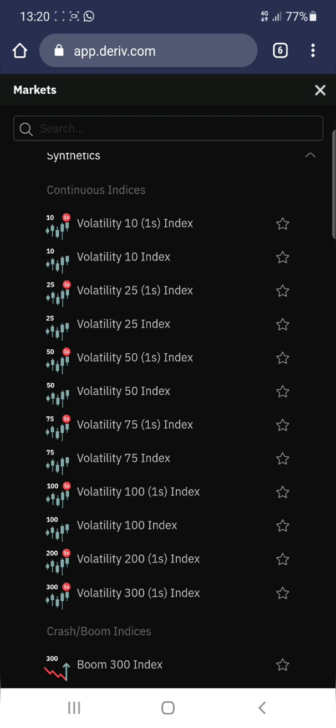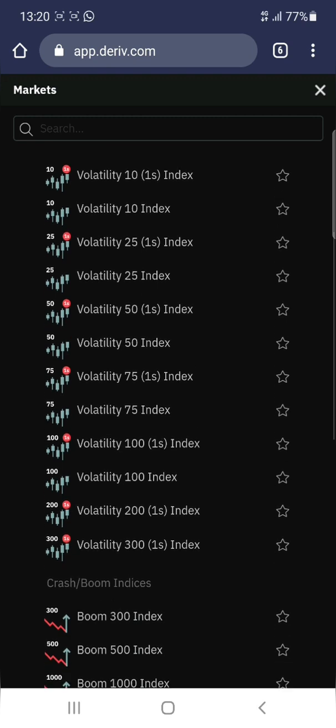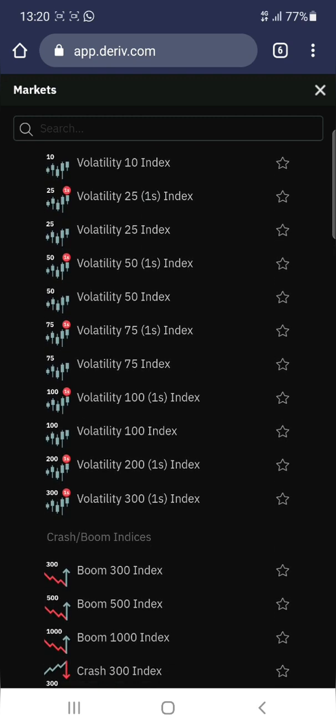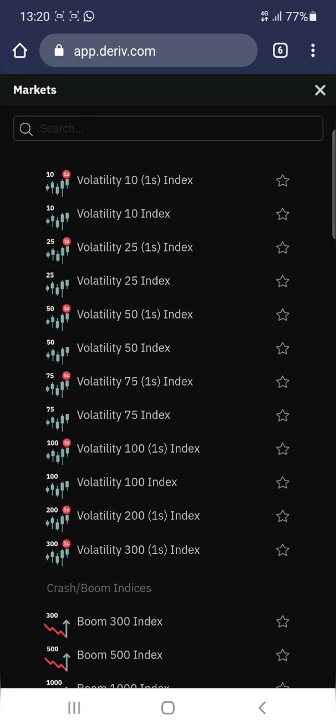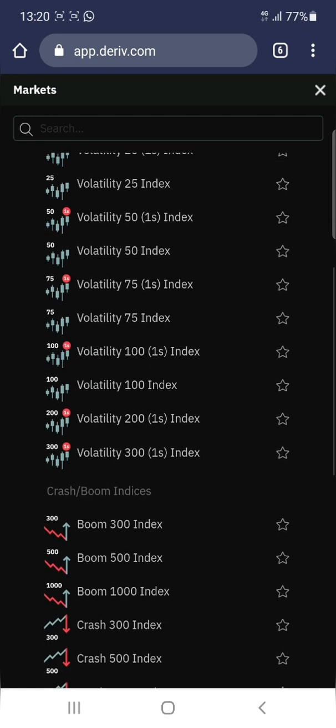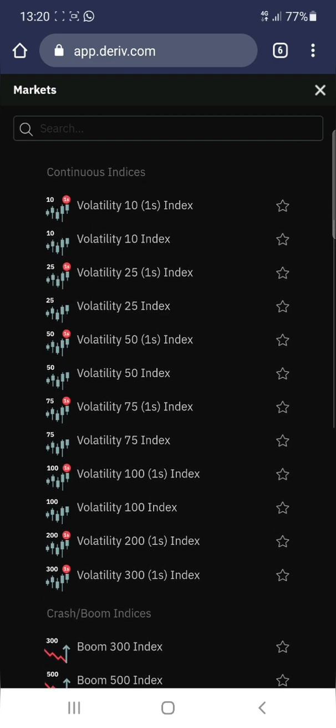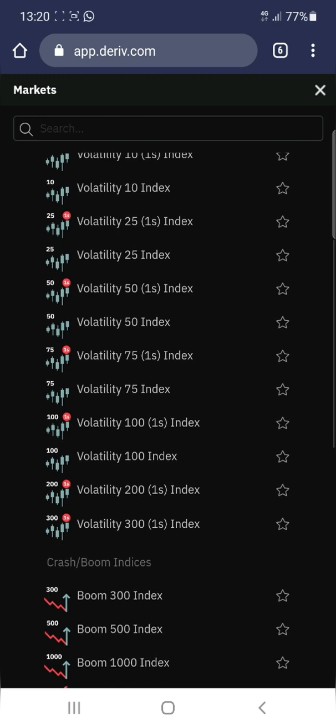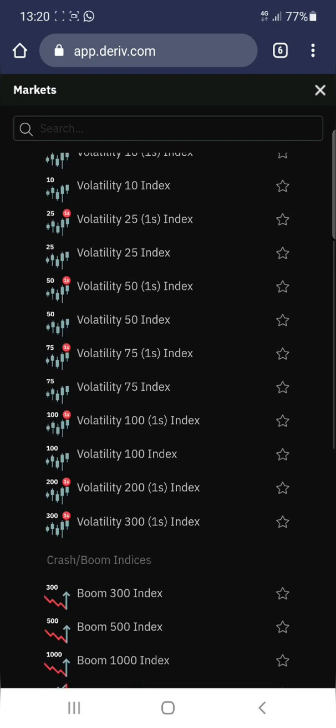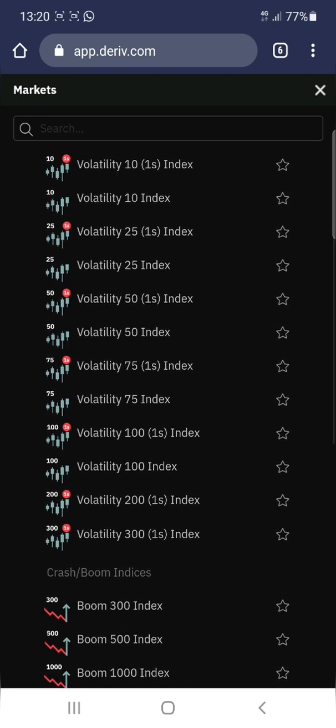Likewise for the rest, anything with 1s in brackets is a little bit faster. I mostly just focus on the main indices themselves. These are just synthetic indices calculating the fear index for the S&P 500, and that's it.